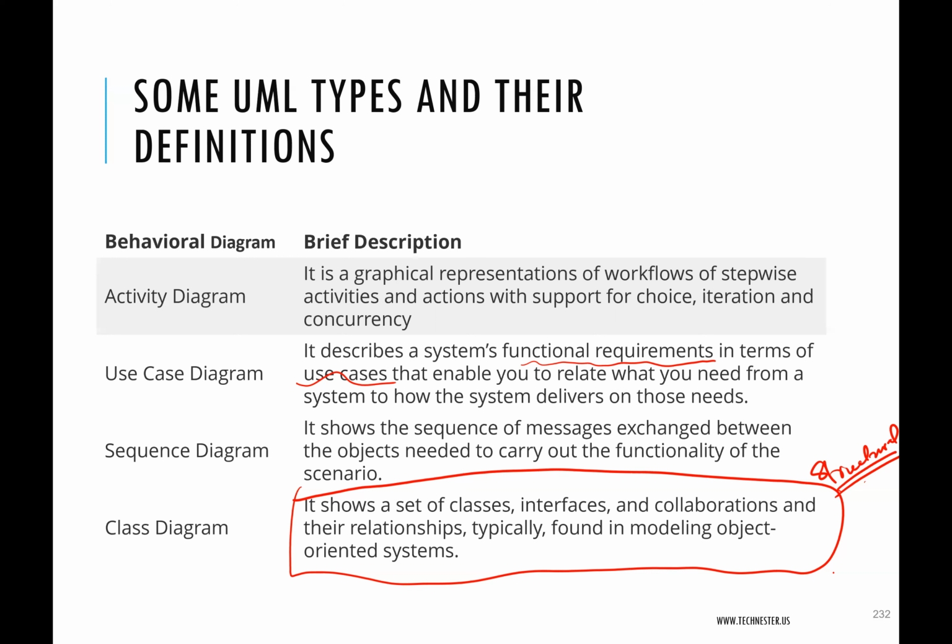You will just be drawing, and there are systems like Visual Basic and some other ones that will be generating code based on the class diagram you are drawing. So a class diagram is used to represent the components of a system, the relationship between those components, the properties of the components, and what the components will do.